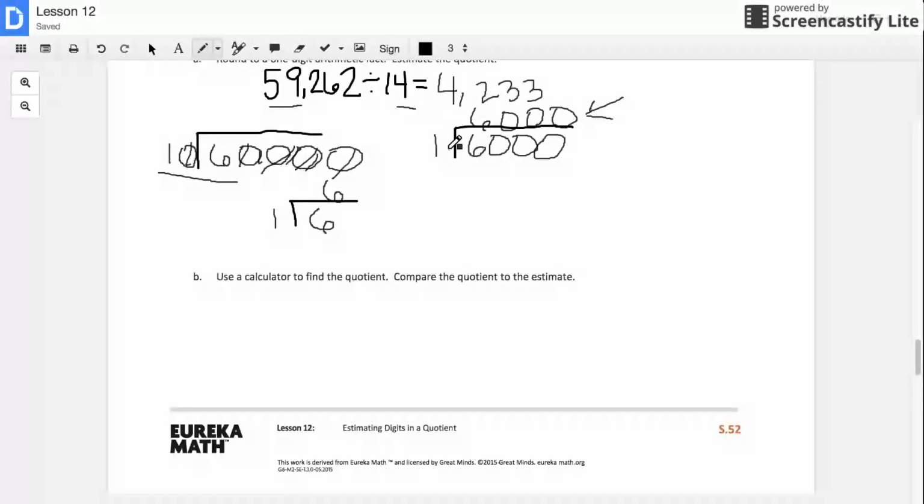So we could say that our estimated quotient is going to be less accurate in this case because the number in the ones place is farther away from a multiple of 10.